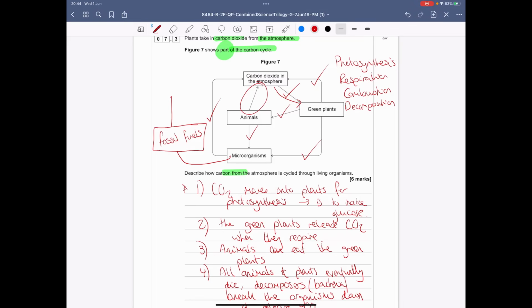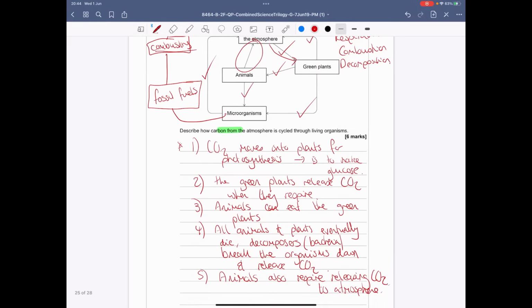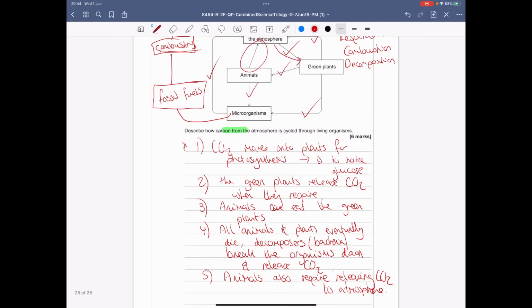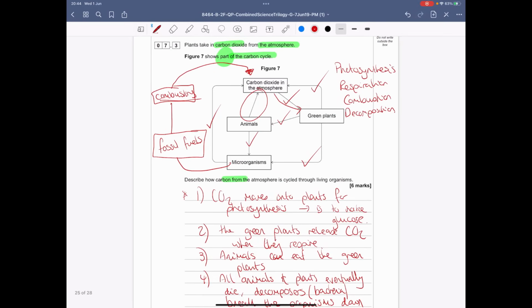We are now digging up these fossil fuels and combusting them, which is the scientific name for burning. Burning these fossil fuels increases the amount of CO2 in the atmosphere, and that is what is contributing towards climate change. So if you go through these key points and add in the missing part of the carbon cycle, the formation of fossil fuels, that would get you the 6 marks.